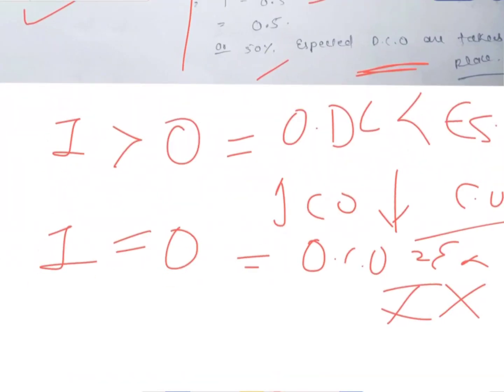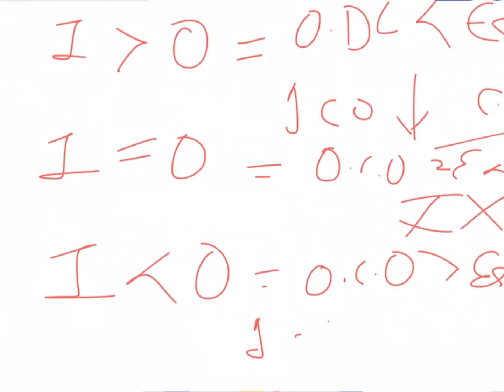The third condition is when the coefficient of interference is less than 0. It means the observed crossover is greater than the expected one; the first crossover increases the chance of the second crossover. This is a rare condition, when it comes out less than 0.